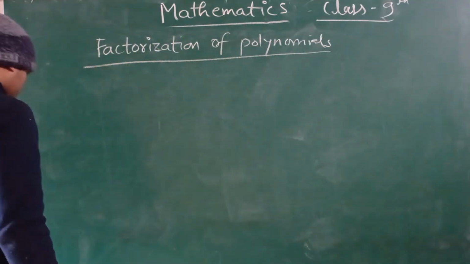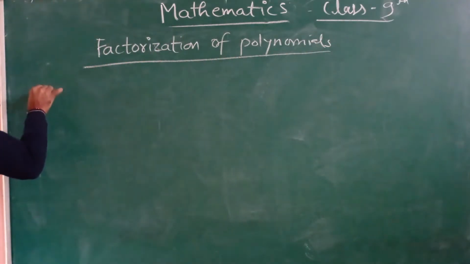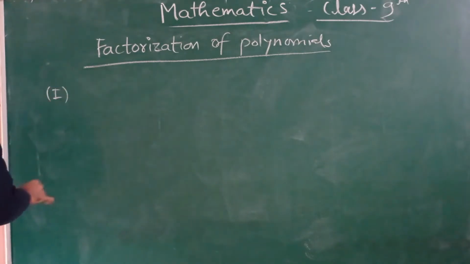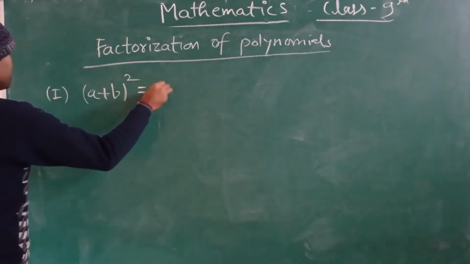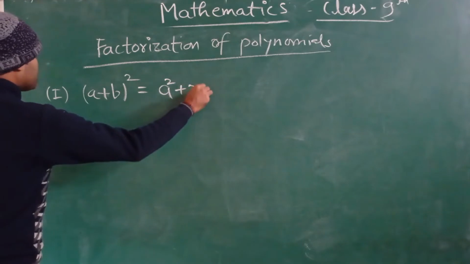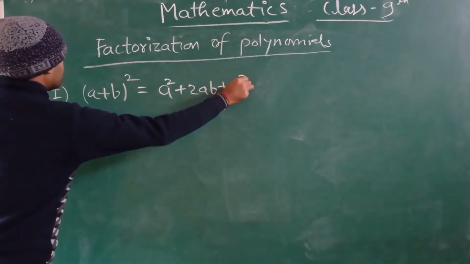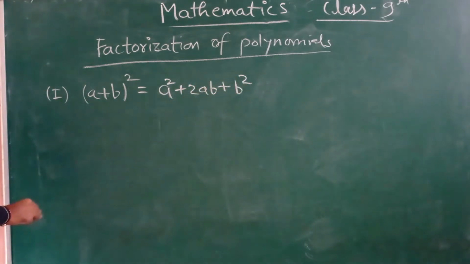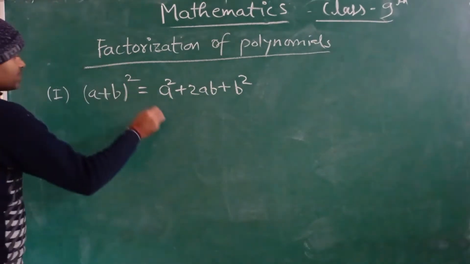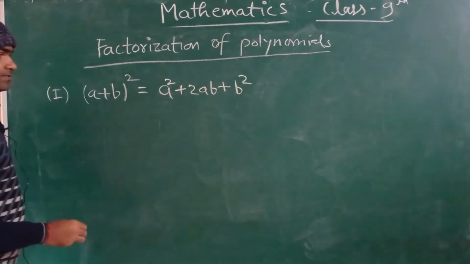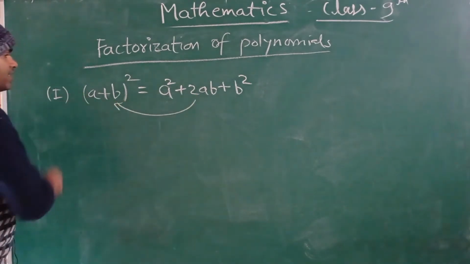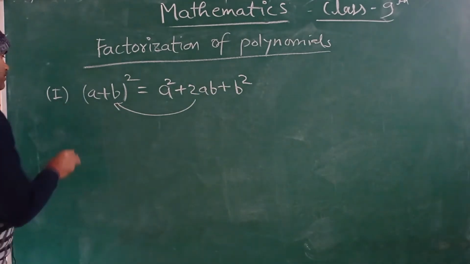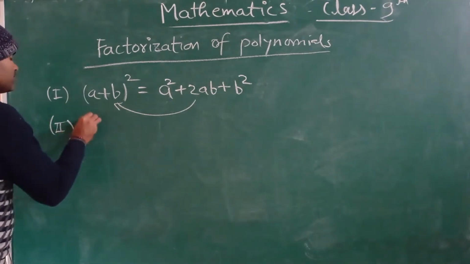So students, we have to know some basic identities. As you all know, a plus b whole square is given by a square plus 2ab plus b square. But in this chapter, the structure will be of this type: a square plus 2ab plus b square, and you have to write that in a plus b whole square form because we are going to factorize.